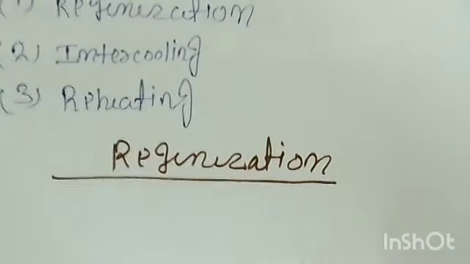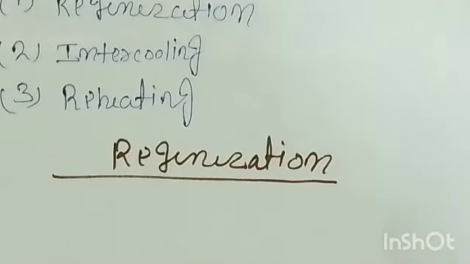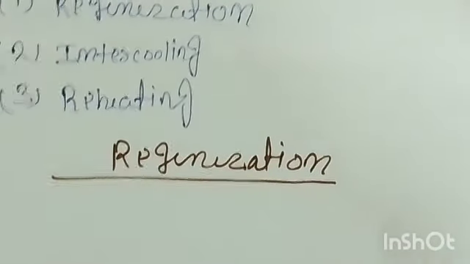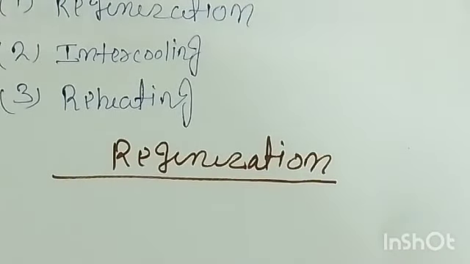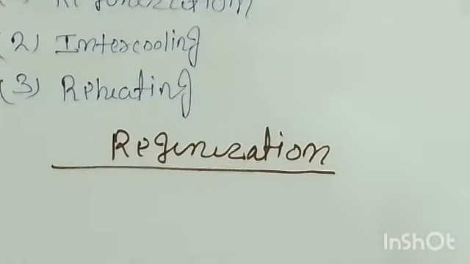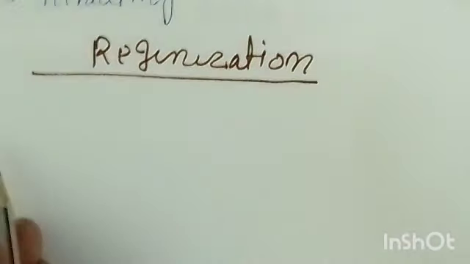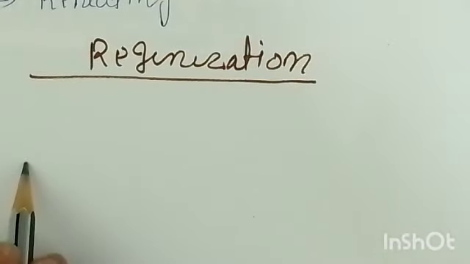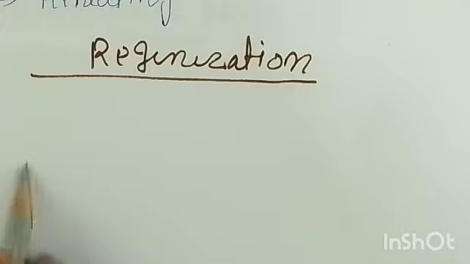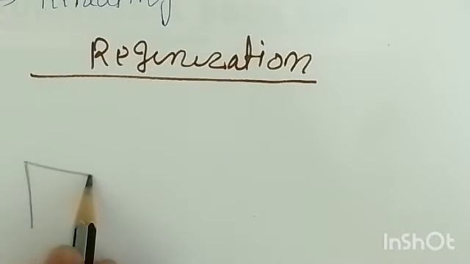So let us see the schematic diagram of a regeneration cycle first. We'll draw the schematic layout of a regeneration cycle, and then we will see the working principle, how it can be achieved. Now see, first of all, simply you can say here that this is your compressor.